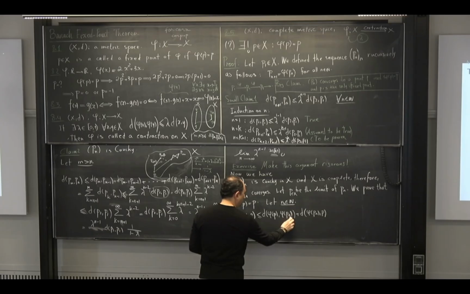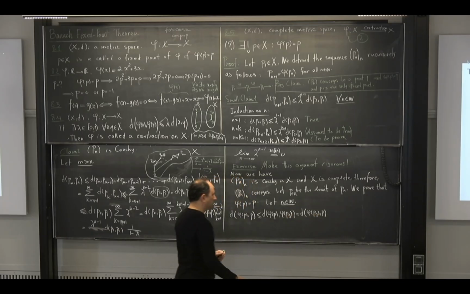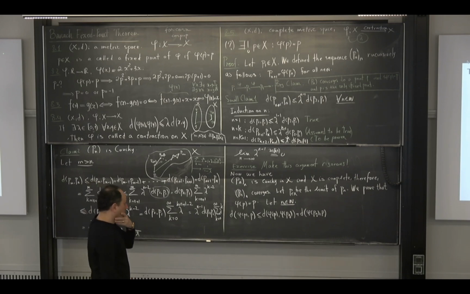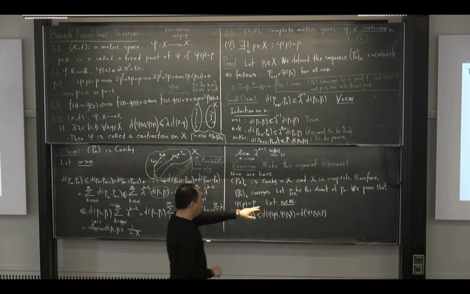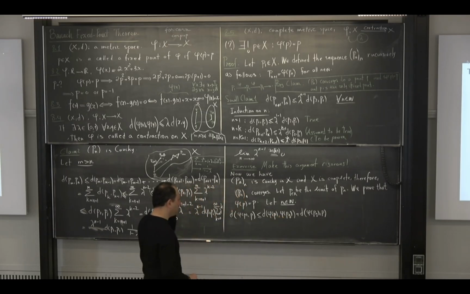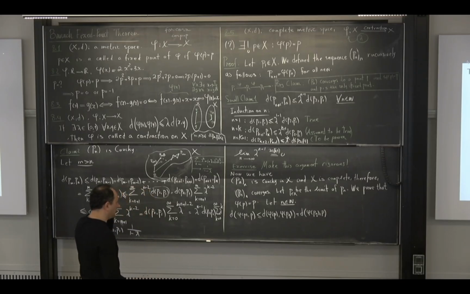So this is n naught. So I have chosen one n naught there, and then what I have done, I have used the triangle inequality by bringing that point inside it, yes?